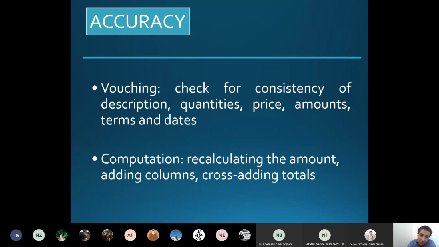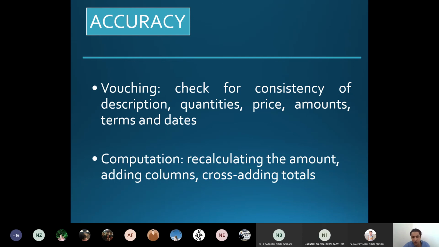So now we have accuracy. For accuracy, we do vouching, checking for the consistency of descriptions, quantities, prices, amounts, terms, and dates. And also we do computation and recalculation of the amounts, adding columns, cross-adding totals, and so on. So it's a kind of arithmetical calculation.